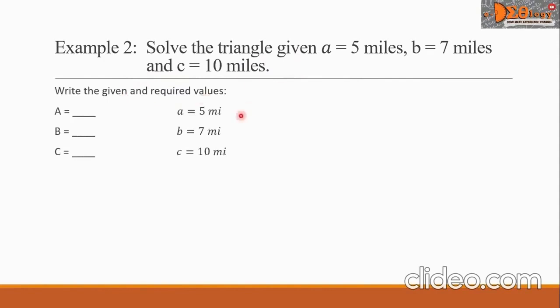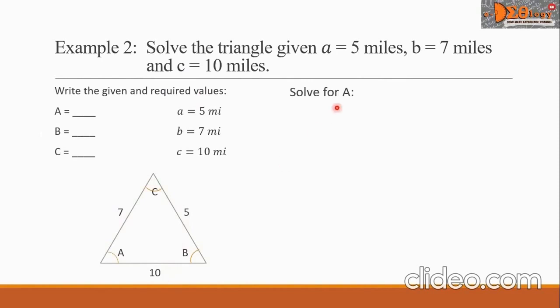Since all sides are given, consequently, what we are to solve are the angles. Drawing the triangle, we have angle A here with side 5 miles. Angle B is here, the opposite side is 7 miles. And the angle C is here, and the opposite side is 10 miles.